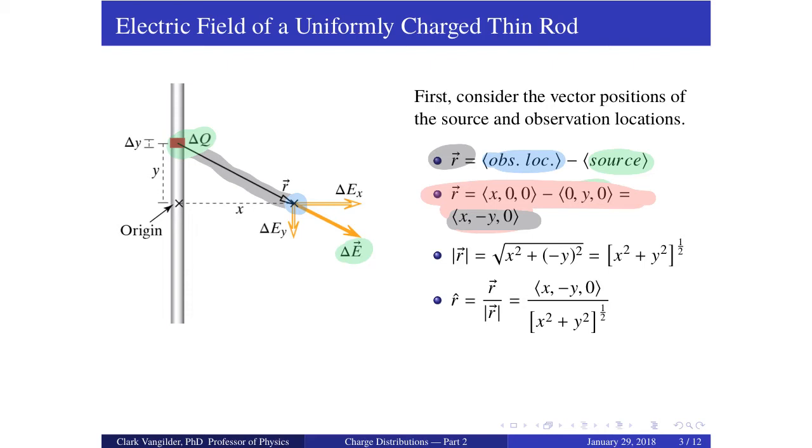Then the rest of the drill: once I have a position vector, since it's a vector quantity, I need its magnitude and its direction. And again, we're back to this Pythagorean business for the magnitude, and then applying the definition of a unit vector in the end there.